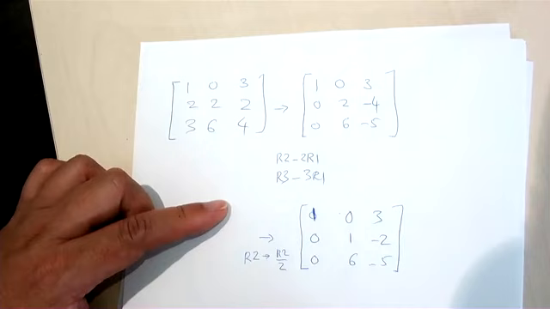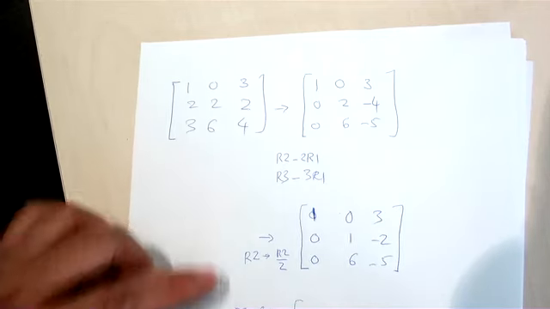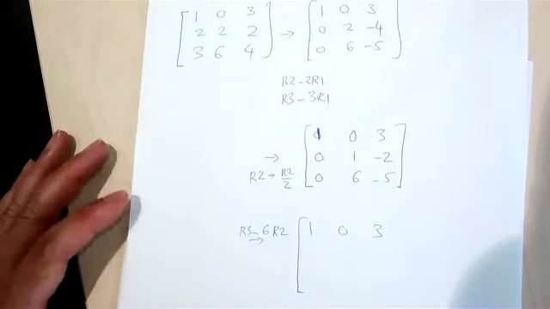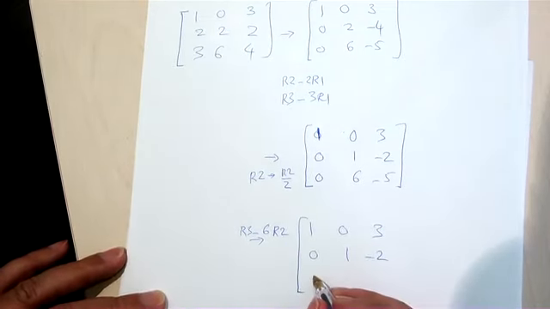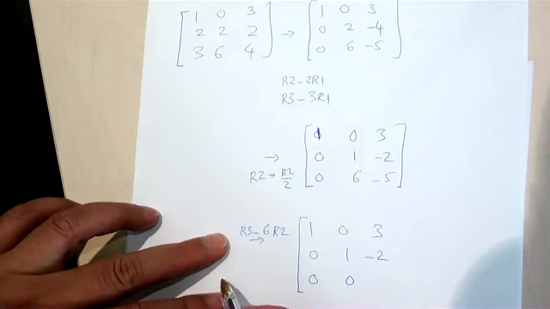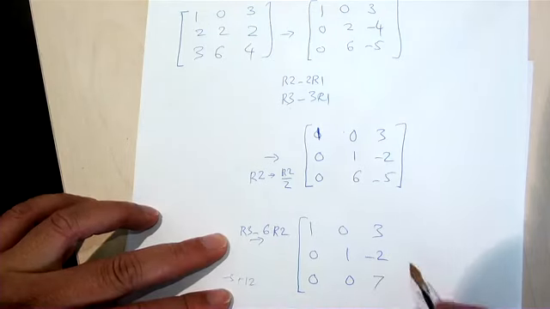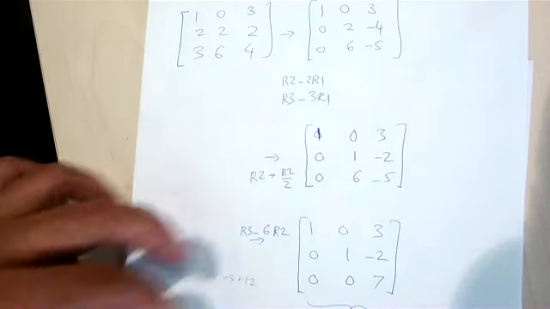And then the next step is you take row 3 minus 6 row 2. So you have 1, 0, 3, and 0, 1, minus 2, and 0, 0, and minus 5 plus 12 is 7. And you see this one is the upper triangular matrix.